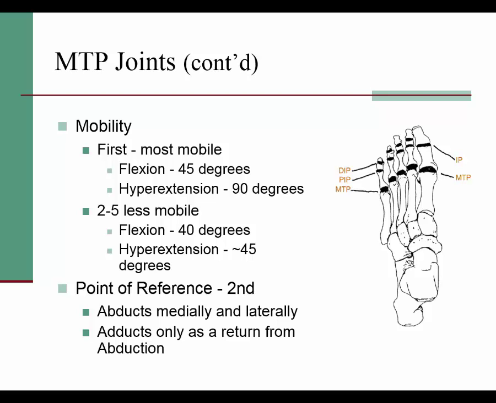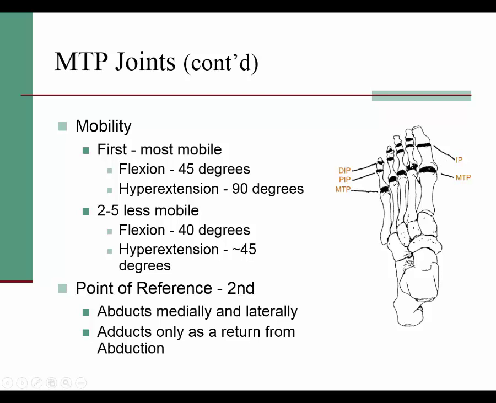As far as the metatarsophalangeal joint, you only get about 40 degrees of flexion and about 45 degrees of hyperextension. Your point of reference here is going to be your second toe, and what we will see is we will base abduction and adduction of the other toes on this second toe or this second joint.